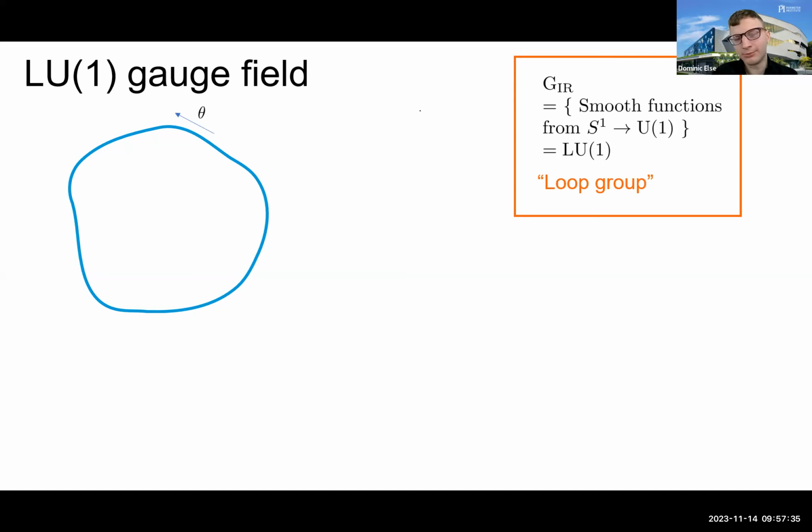In the IR, it's a little different, in the sense that the symmetry that protects the zero resistivity is not really momentum conservation. It's this loop group, because the weight of the delta Fermi hinge protected by momentum conservation is proportional to the charge density.